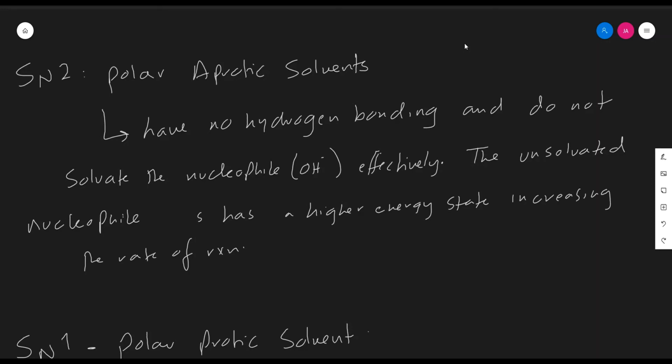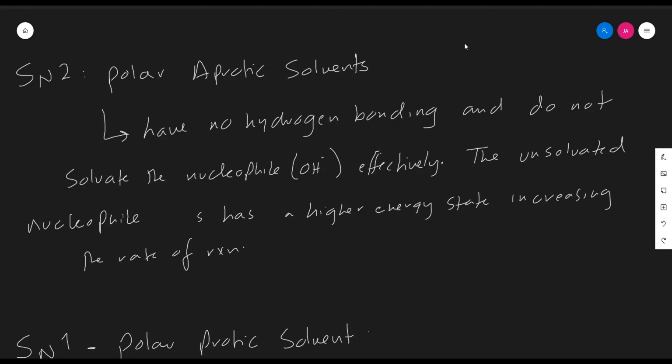Thus, if one were to use polar protic solvents for an SN2 mechanism in which the nucleophile is reacting in the rate determining step, the polar protic solvents would be capable of hydrogen bonding with the nucleophile and solvate it effectively via hydrogen bonds, thus increasing its stability or lowering its energy state and decreasing the rate of the reaction.